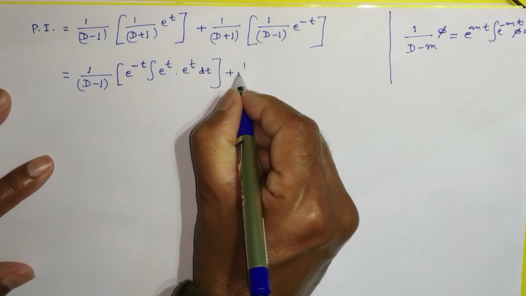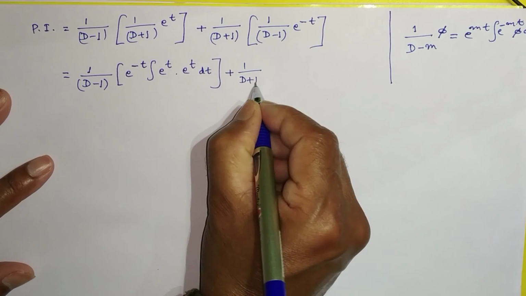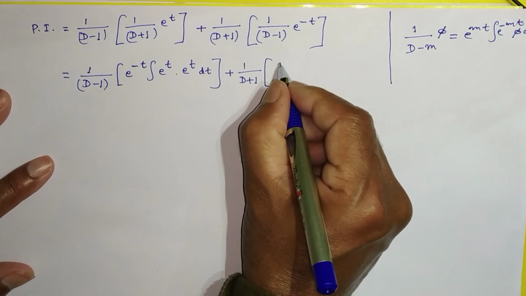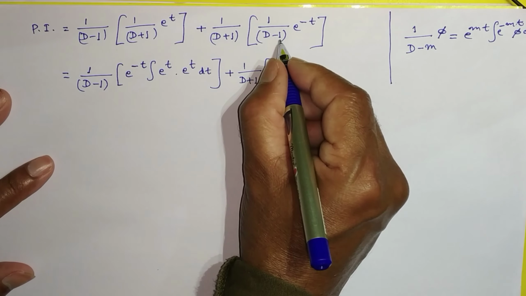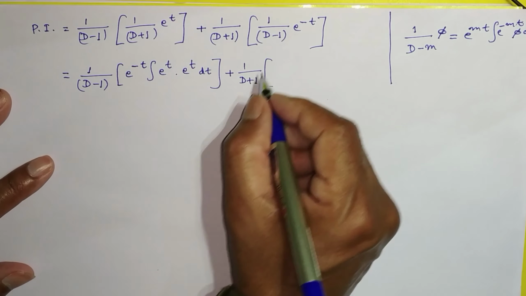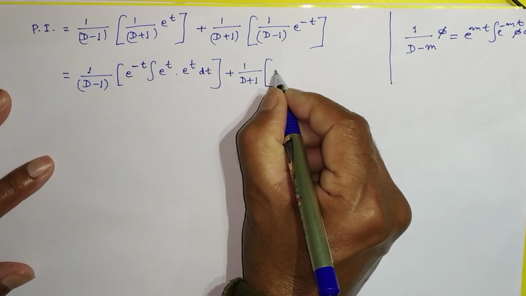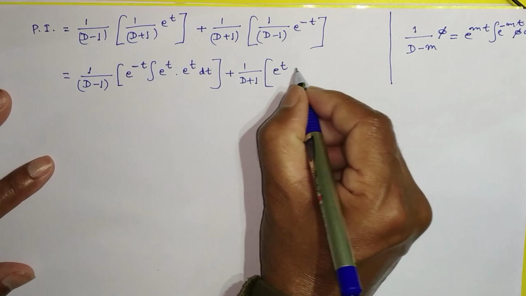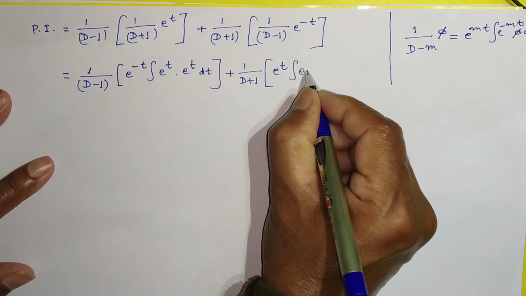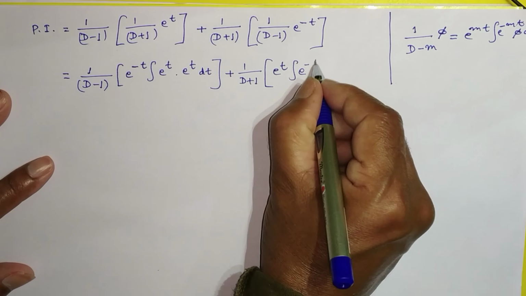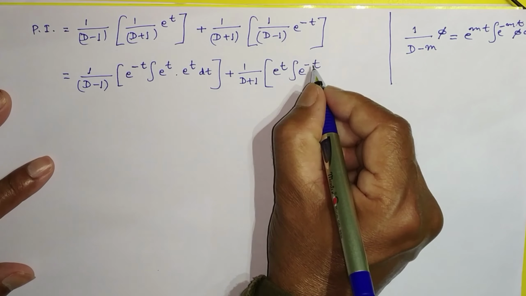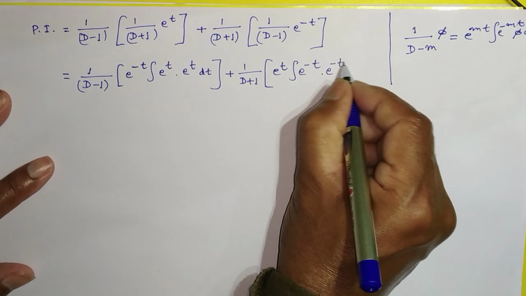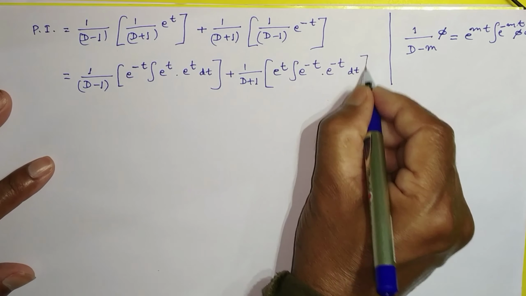And here the next term we have, in place of m we have 1, so it's e raised to t integral e raised to minus t, and in place of phi we have e raised to minus t dt.